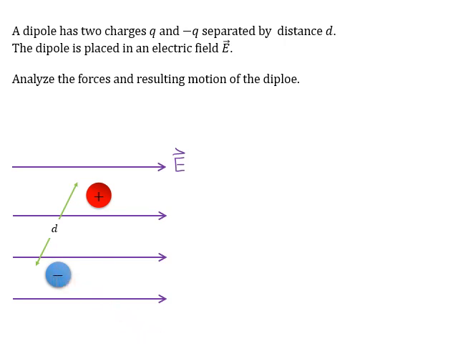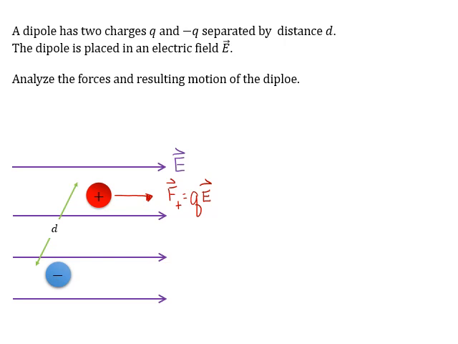So the force on the positive charge, we'll call that F plus, and it's equal to the charge times the electric field. That force is going to point to the right, because when charges are positive, the force and the field are in the same direction. For our negative charge, we know that the force and the field are in the opposite direction.